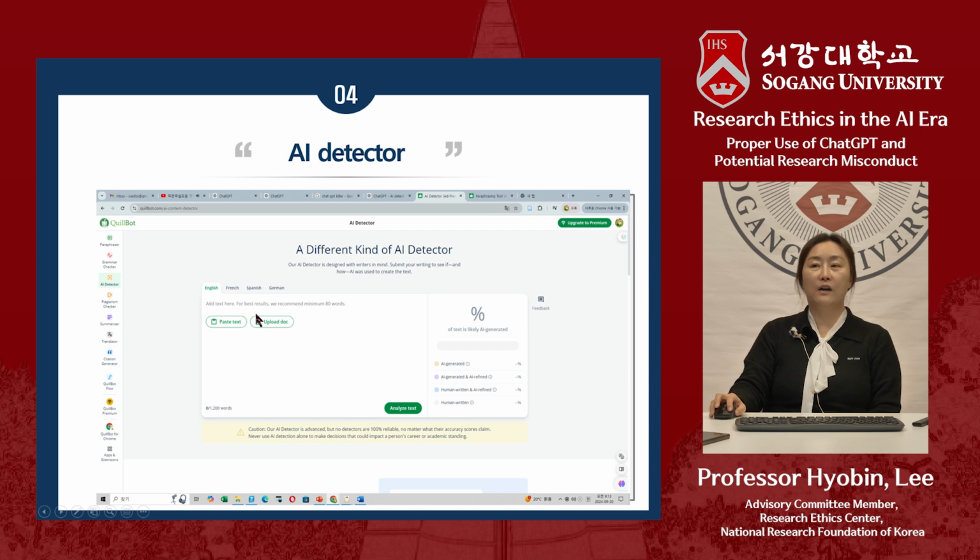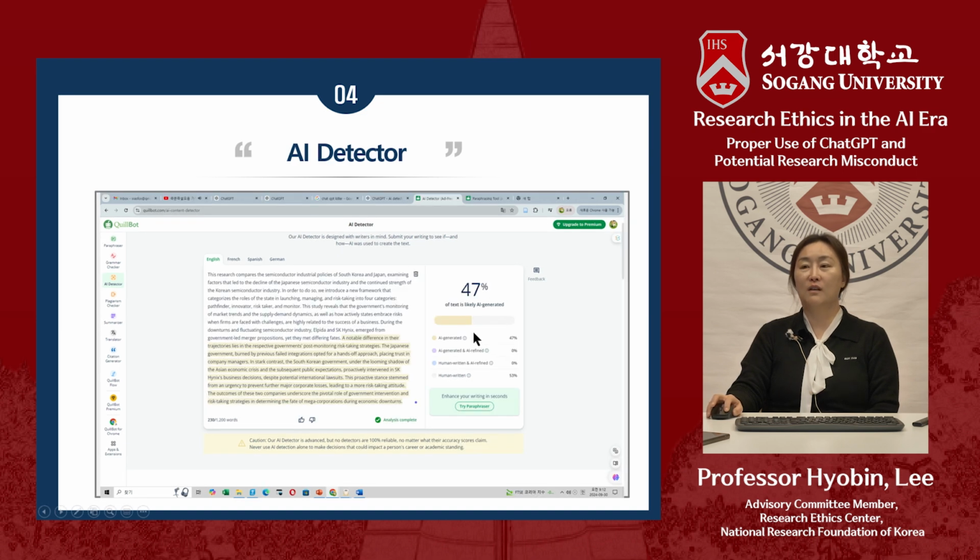But I actually wrote it first, and then had it fixed by ChatGPT, but it shows 47%. That's pretty high, right? But if you look, it says our AI detector is advanced, but no detection is 100% reliable. So that's why not many journals actually use Quillbot or ChatGPT Killer or detection programs like that.